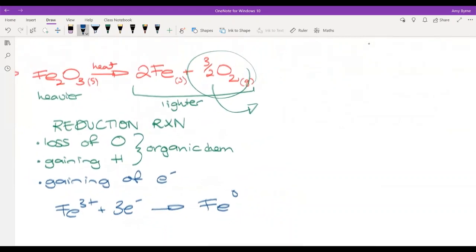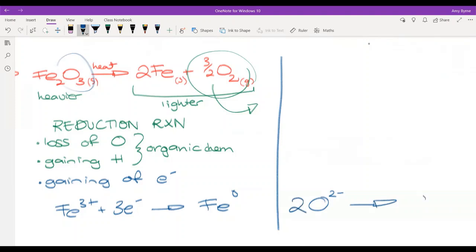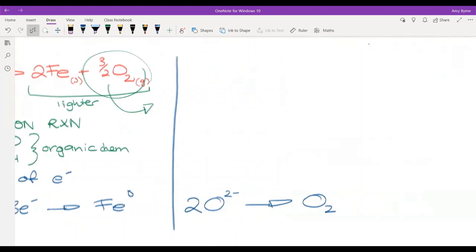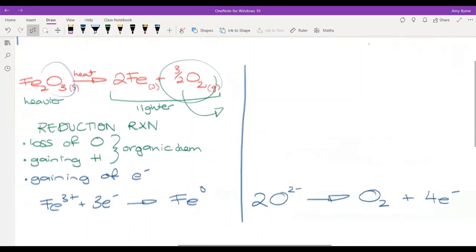Those electrons have to have come from the other thing in that reaction, which was the oxide ion. Two of my oxide ions are becoming an oxygen molecule. I can't destroy electrons or make them out of nothing, so I must have 4 electrons that are released.